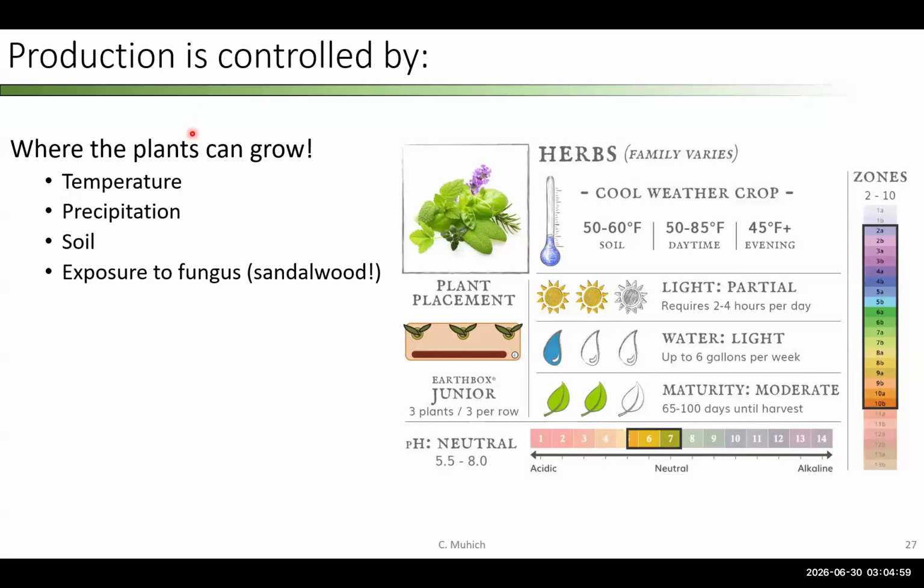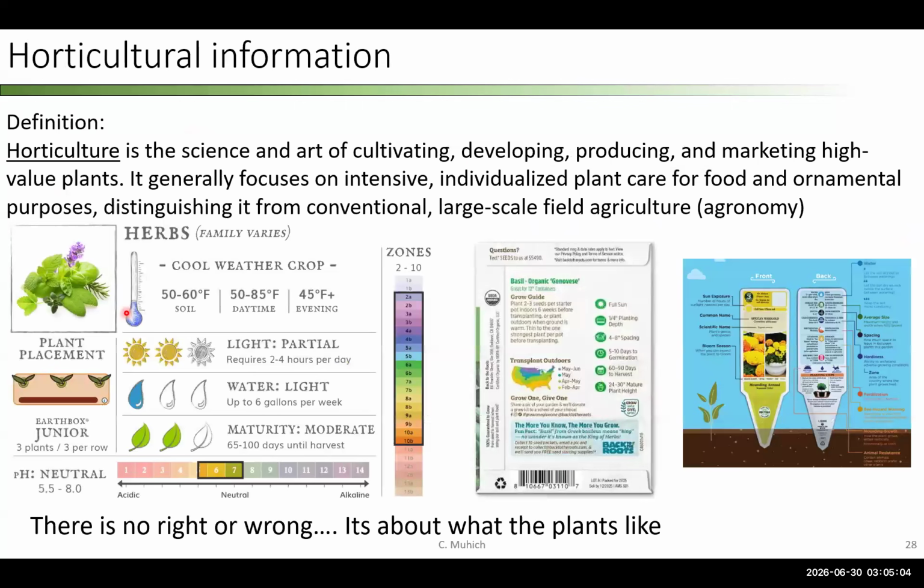Where plants grow and what they need can be determined through horticultural information. Right? So, just as a quick aside, here's our definition of horticulture. This is the science and art of cultivating, developing, producing, and marketing high value plants. Right?